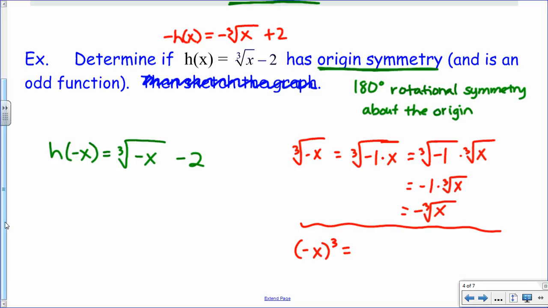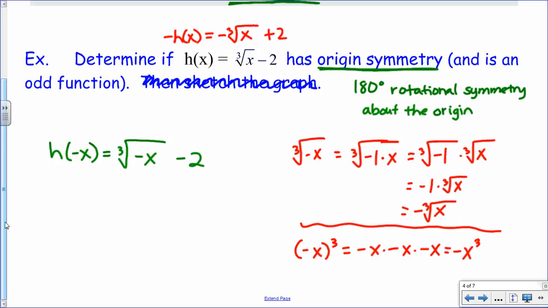If you have an odd power, negative times the negative times the negative is negative. So if you have an odd power or odd root, you can pull that negative out front. It's going to stay negative. If you have an even power, it becomes positive. If you have an even root, then you get imaginary numbers, and that just means it's going to be neither, not even or odd.